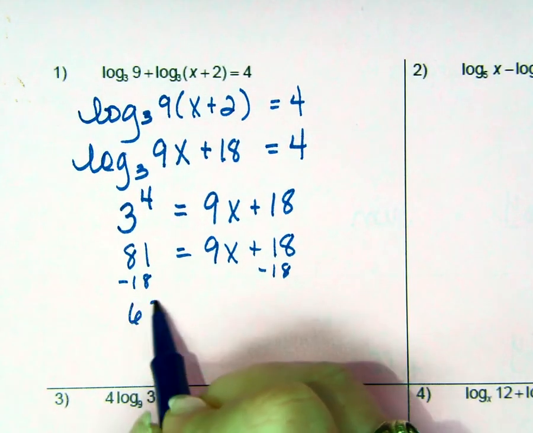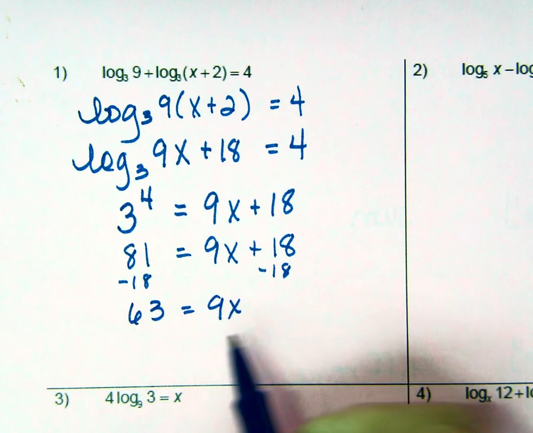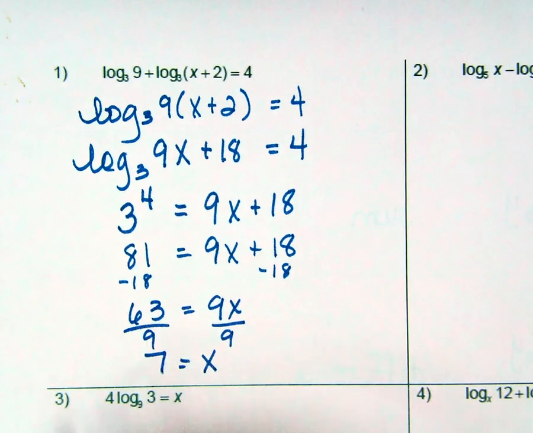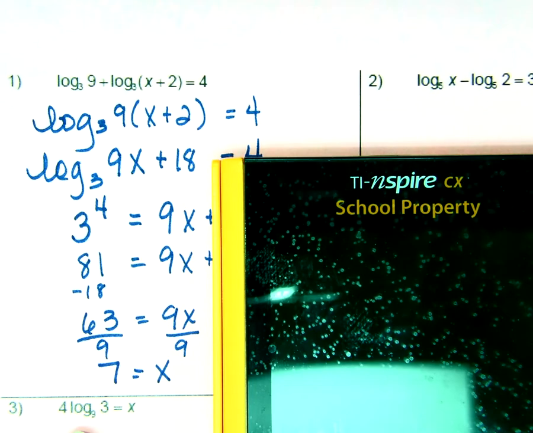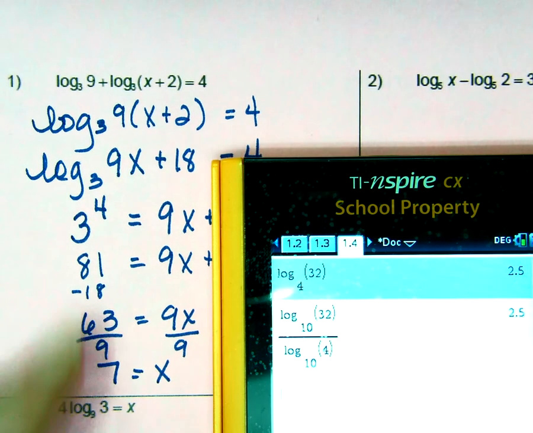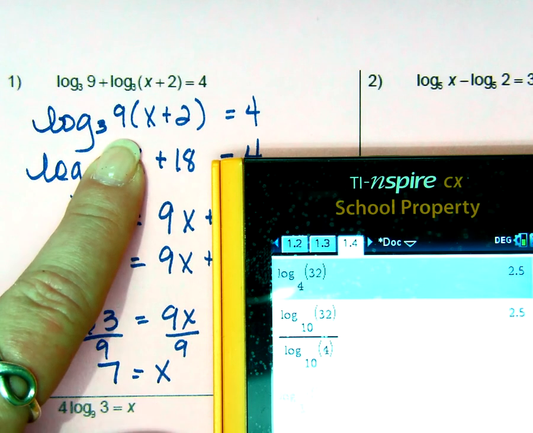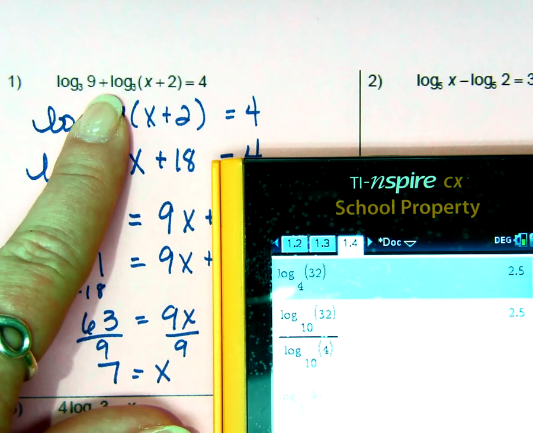So 63 equals 9x. Dividing both sides by 9, x equals what? Is it right? Could I check by saying log base 3 of 9 plus log base 3?